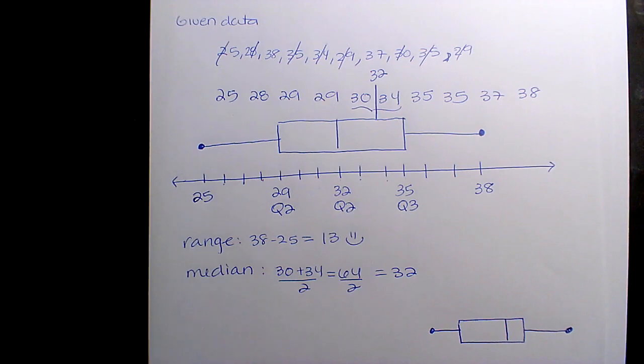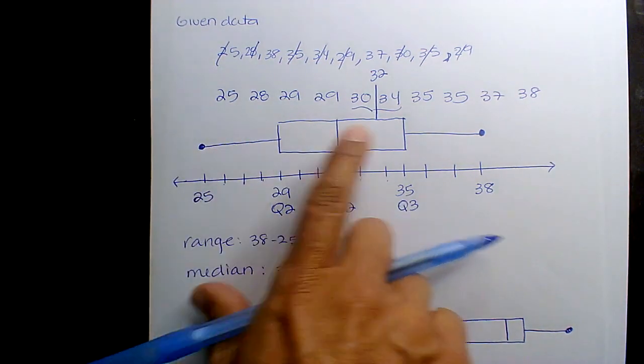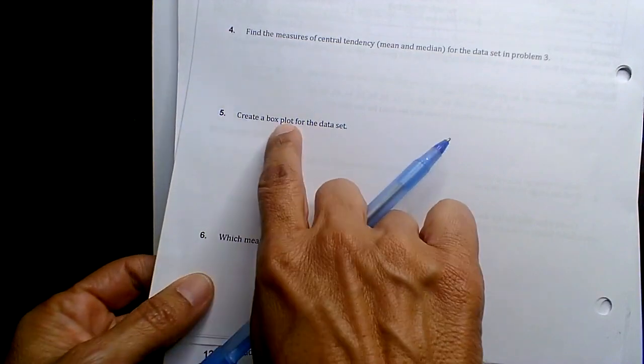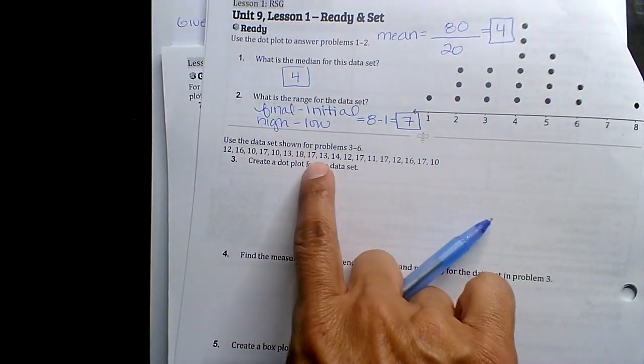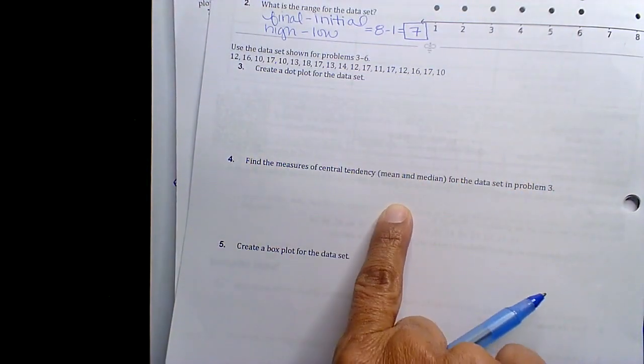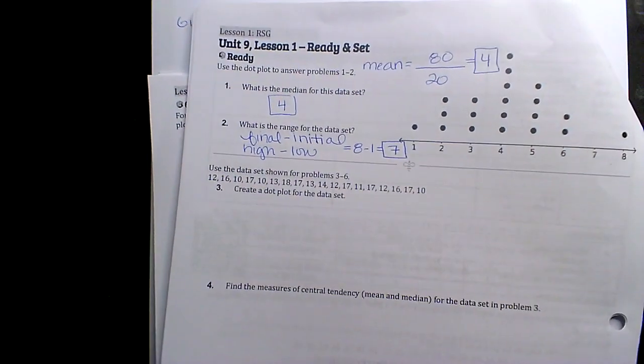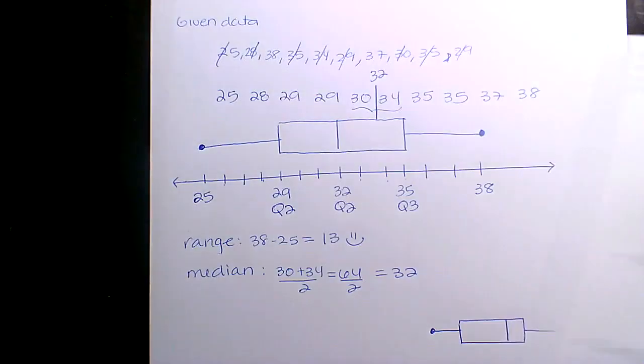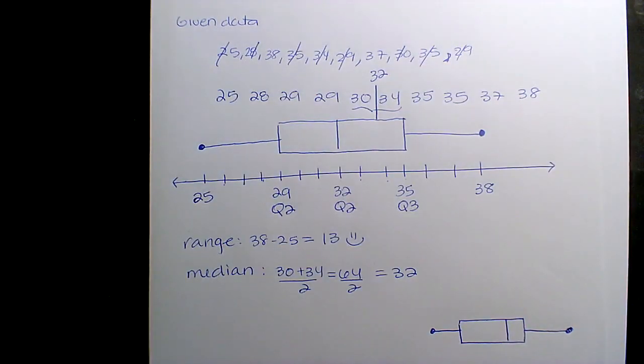And then of course your range, your high to low. So you're doing 5, creating a box plot with these values here. And then on Friday, you had to do 3 and 4, I believe, right? Okay, so let me stop this.